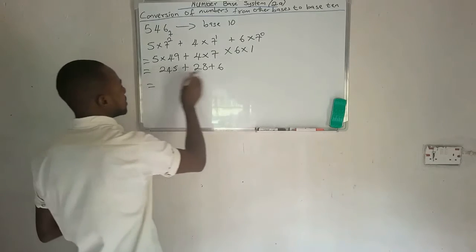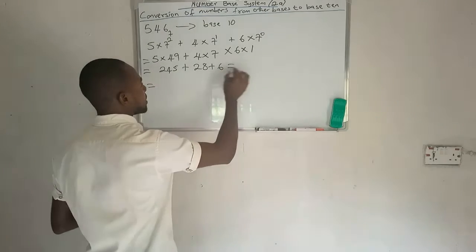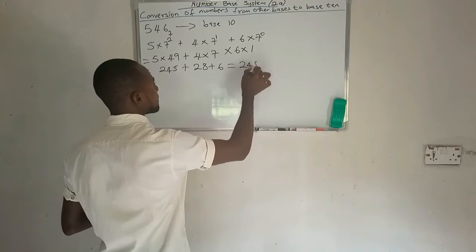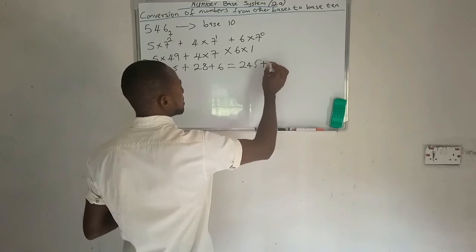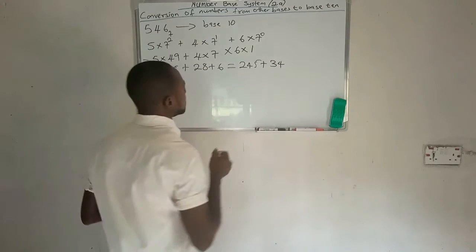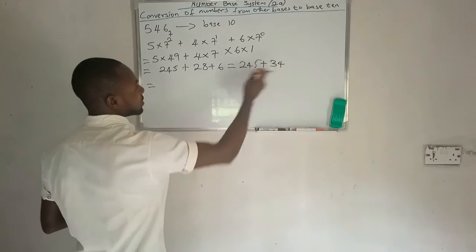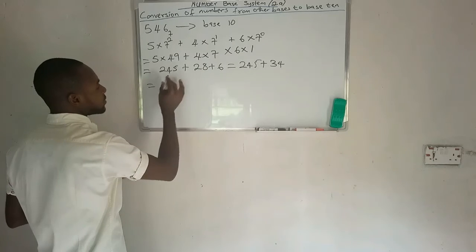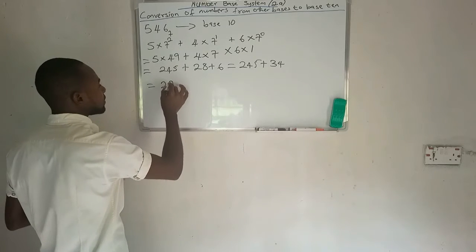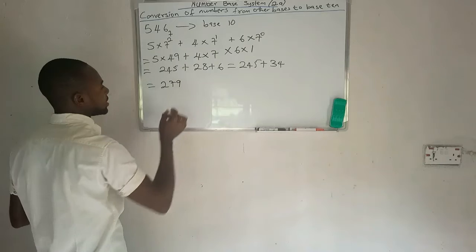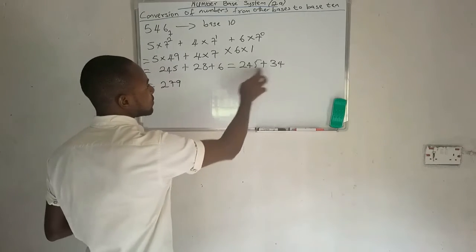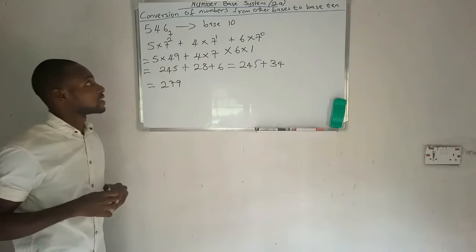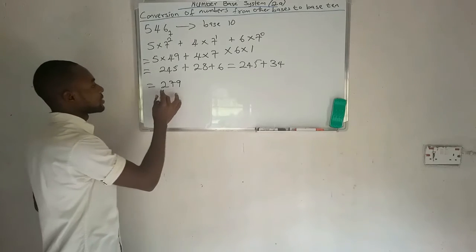Let's add this together first: 245 plus 28 gives 273, and plus 6 we'll have 279. Yes, we have 279, and this is base 10.